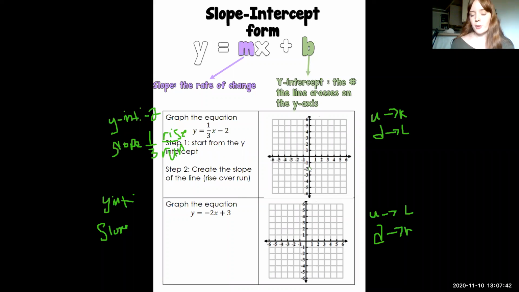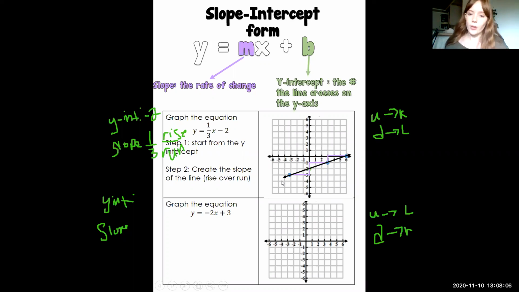So starting from the -2, I'm going to go up and to the right to get to my first point. And then I can go up and to the right again. And then I'm just showing you that this will be on the same line. We're going down and to the left. How much we go up or down is the number on the top of the fraction. How much we go left or right is the number on the bottom part of the fraction.